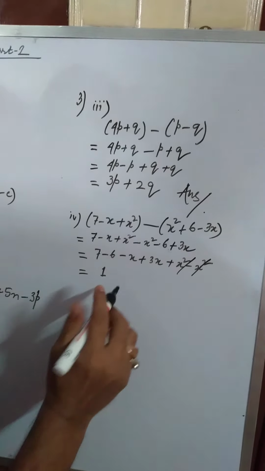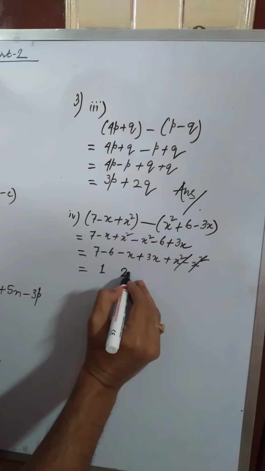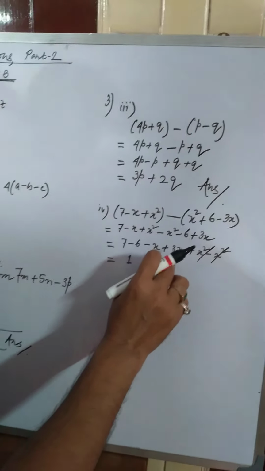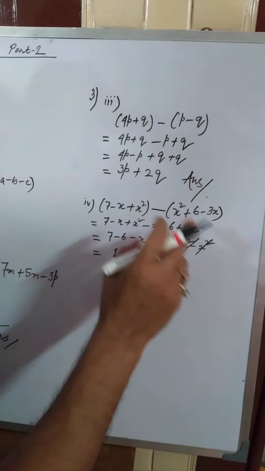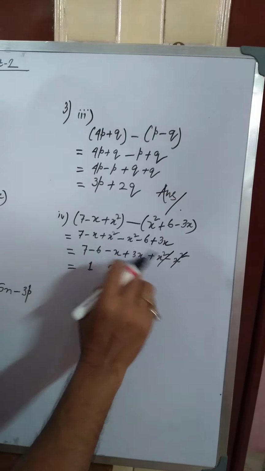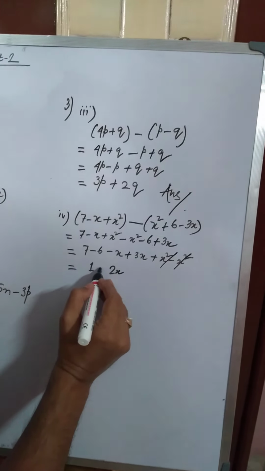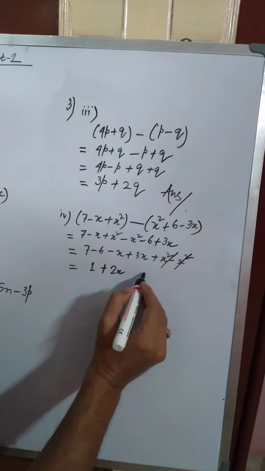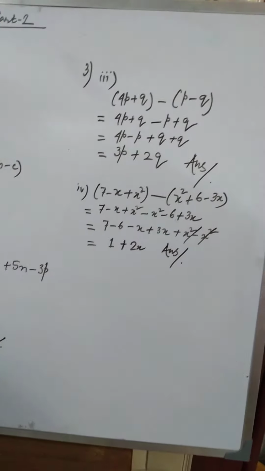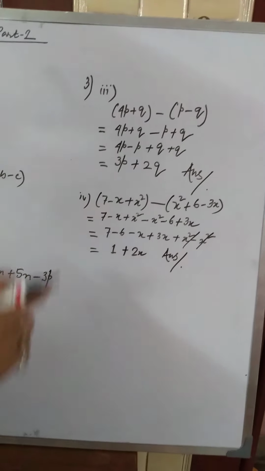Now 3 minus 1, the result is 2. So 2x. Now the absolute value of 3 is more than the absolute value of 1. 3 is bigger than 1. And here the sign of 3 is plus. So the sign should be plus. So 1 plus 2x. Here is the answer of this question.